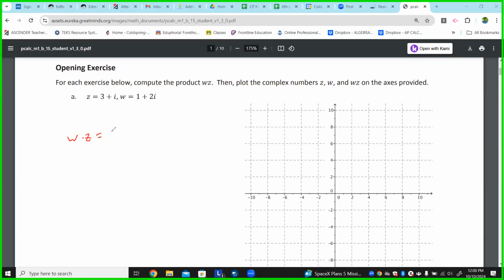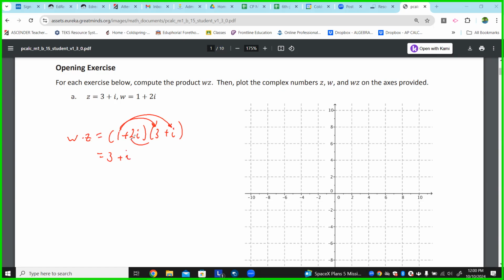But this ends up then being 1 plus 2i times 3 plus i. And when you have two binomials being multiplied together, what do you do? Distribute. So all of this should be a good little review. So 1 times 3 is 3, 1 times i, just i, or 1i.